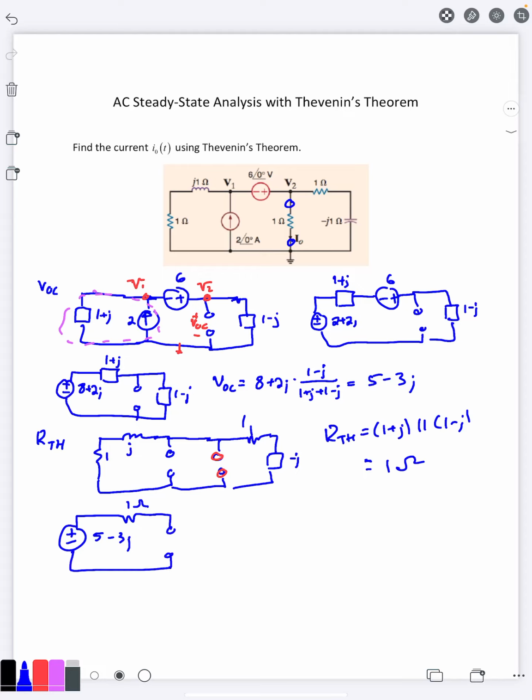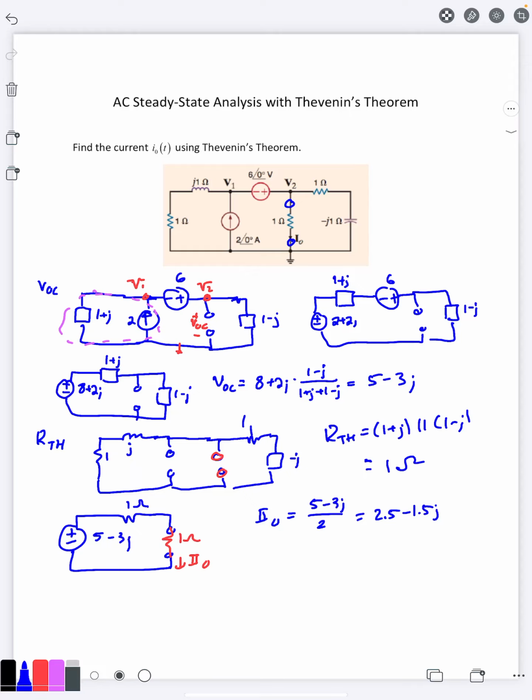Now I'm trying to find the current when you put a load resistor in here that is 1 ohm. And we can go ahead and find that by just doing Ohm's law here. It's the voltage divided by the total resistance. It's going to be 2.5 minus 1.5J. And then we can quickly do the same thing we did before.